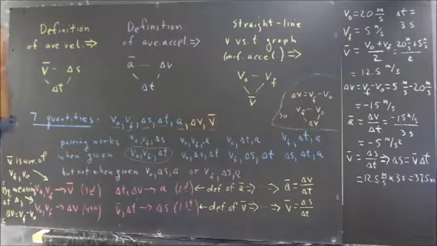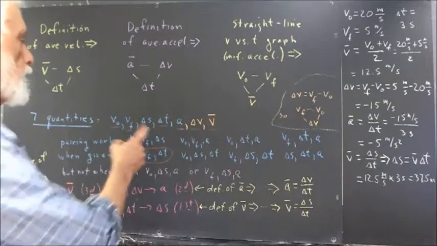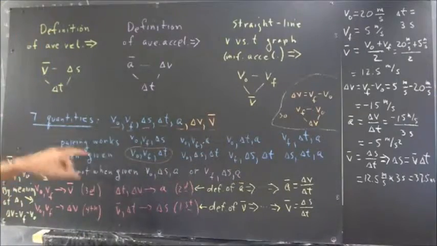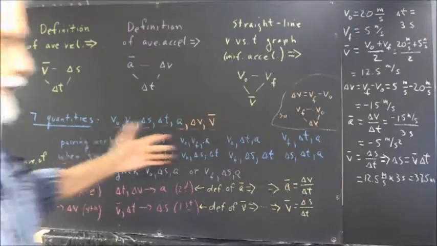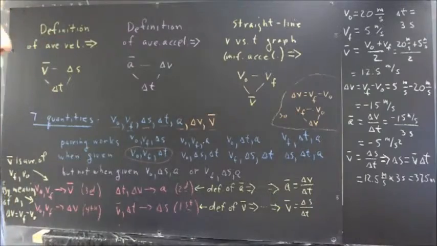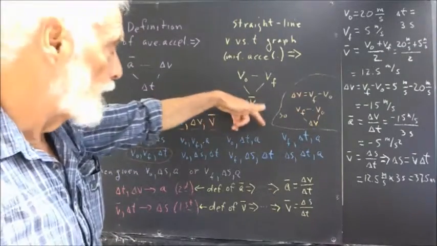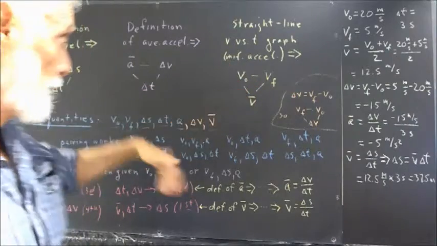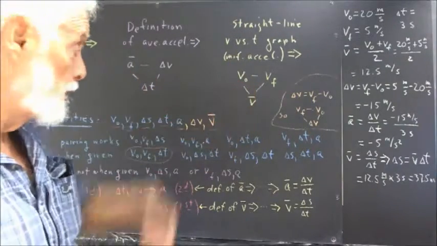Now, I list all the sets of 3 quantities for which pairing works, for which, given any of these, we can pair up 2 of the quantities with at least one of these triangles and get something new that we aren't already given.